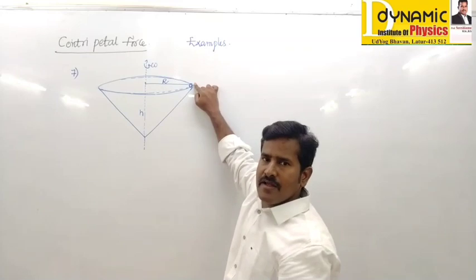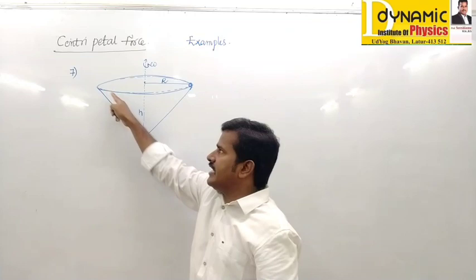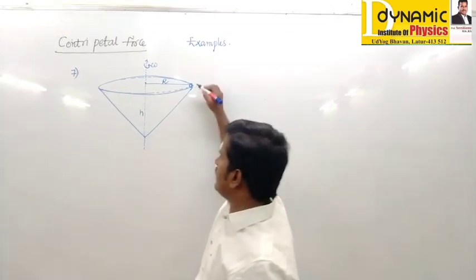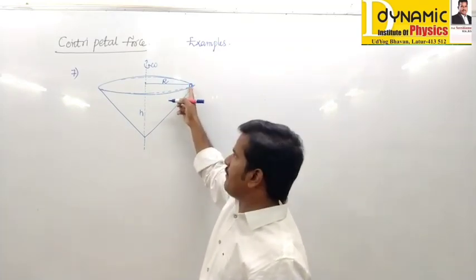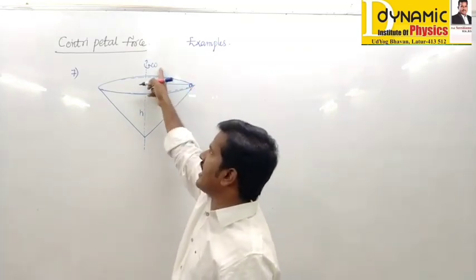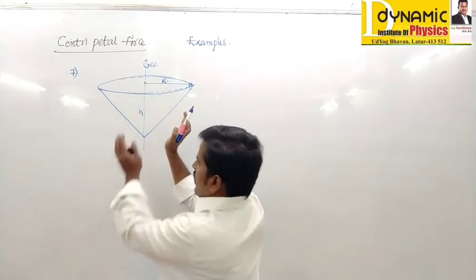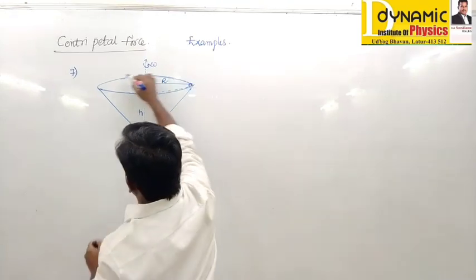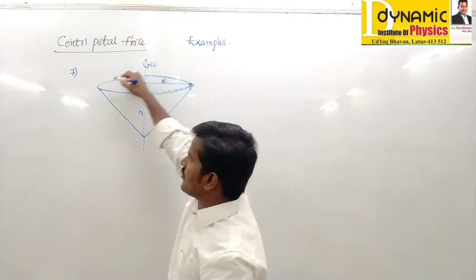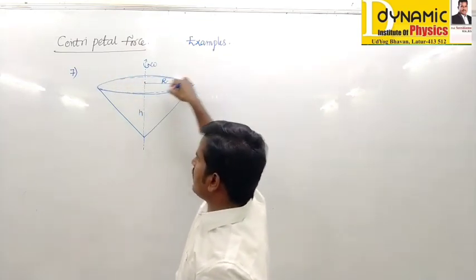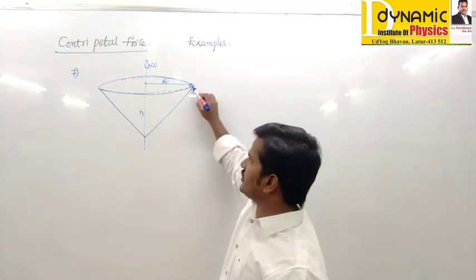What is the minimum angular velocity? This block rotates here. So in the two conditions, the cone rotates and the block is at rest. For the block to be at rest in this position, what angular velocity should there be? Suppose the block is in motion, what is the angular velocity of this block? It rotates in this circular path. To rotate in this circular path, what should the angular velocity be?